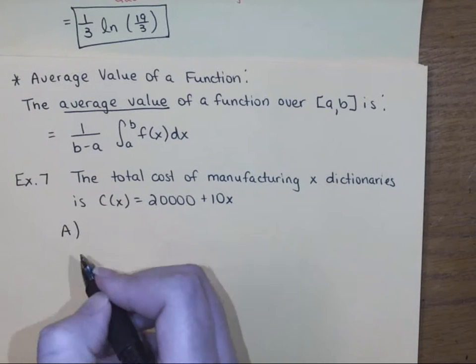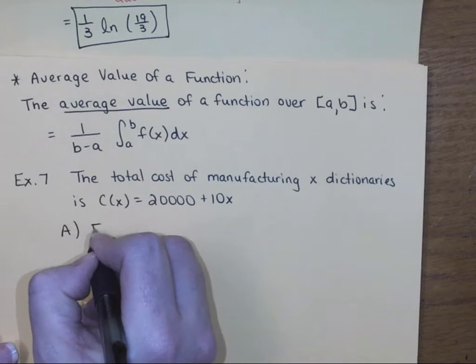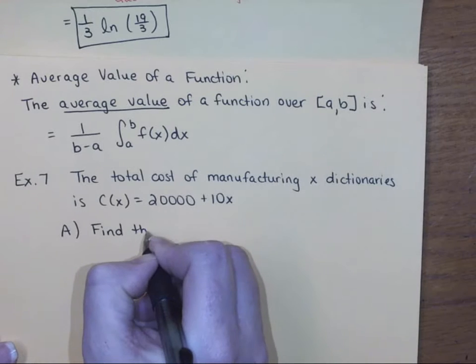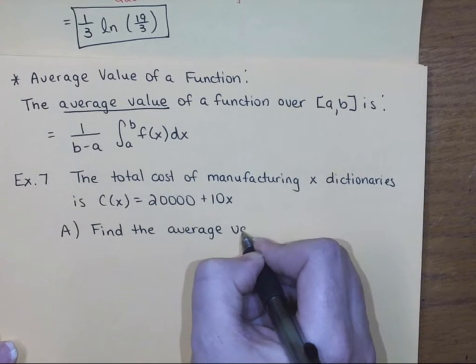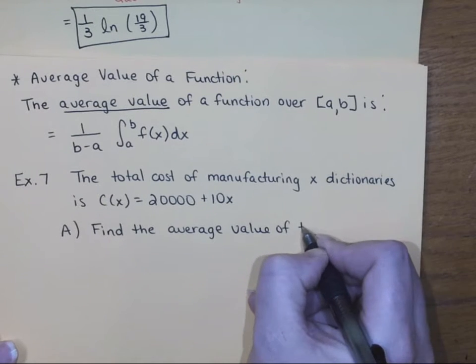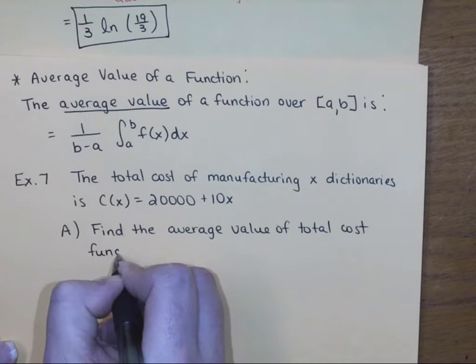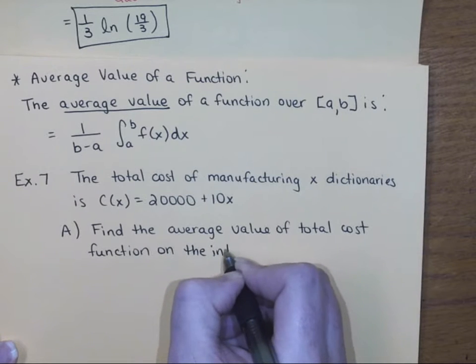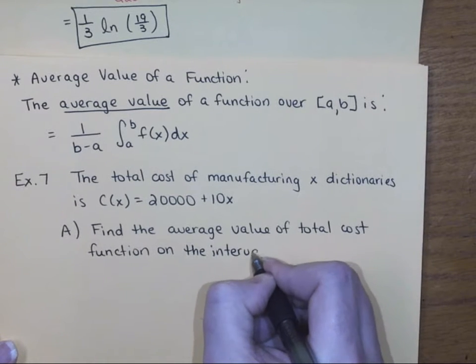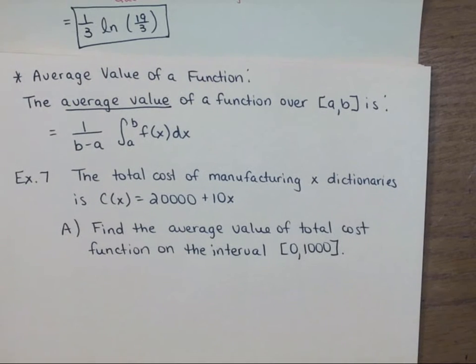So for part A, I want you to find the average value of the total cost. And let's do it on the interval from 0 to 1,000. So when you're given an interval, that's going to be your a and your b.